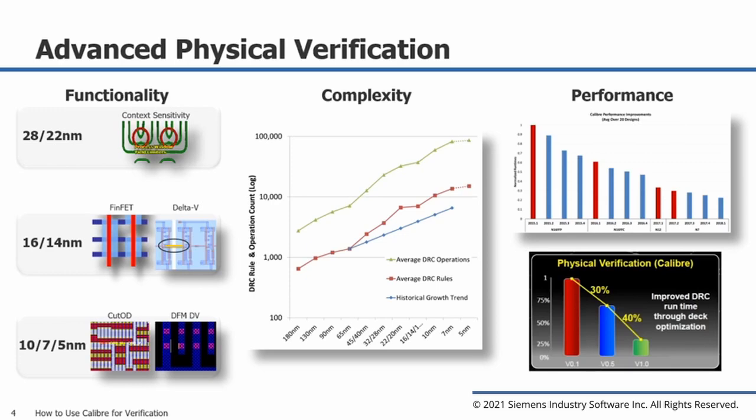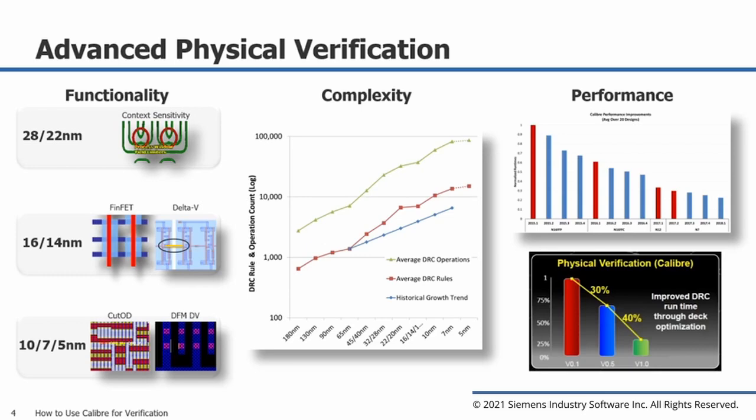New layers have been introduced, like cut OD, metal OD, metal poly. This, you can see, increases the complexity and number of rules as well. Mentor Graphics is aware of the complexity and the runtime performance as well.